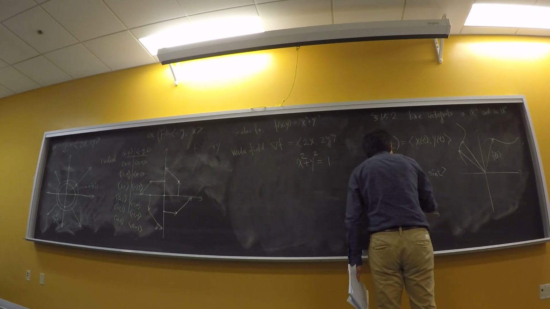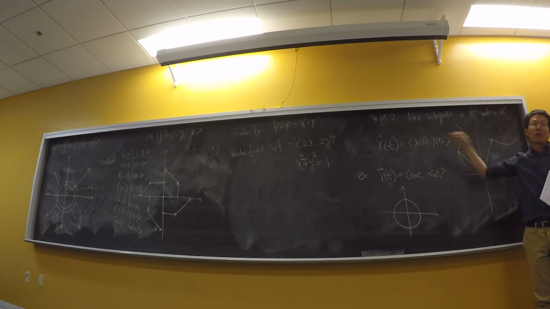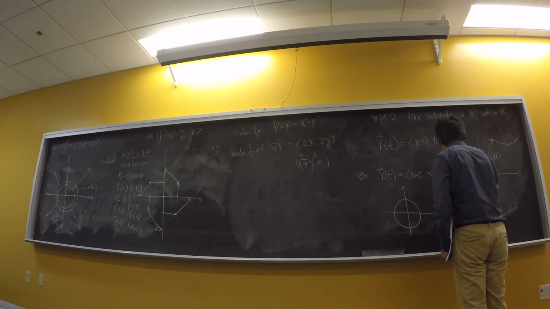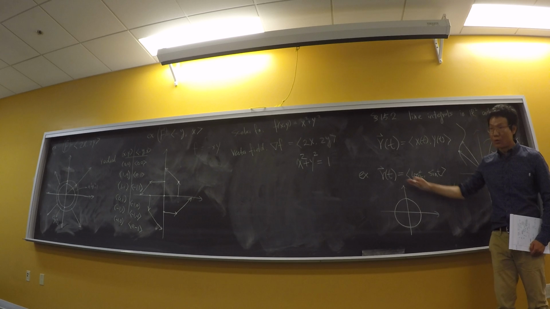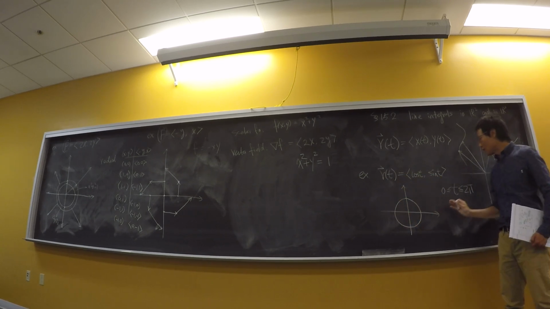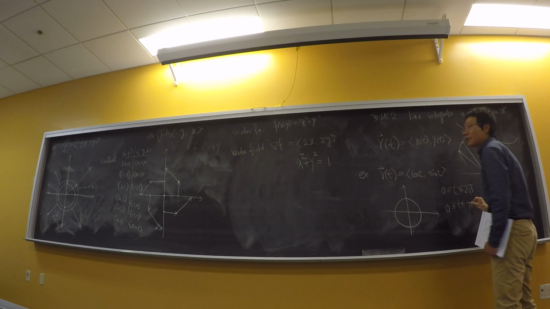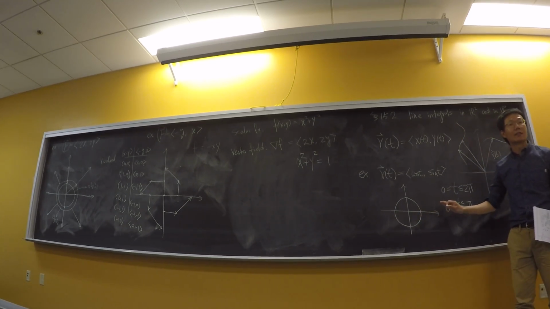However, I was not being very precise here. Not only do I have this time variable, I should also have an interval or domain for the time variable. For instance, if I allow t to go from 0 to 2 pi, I'll get the whole circle. If I allow t to go from 0 to pi, I get a half circle above the x-axis.